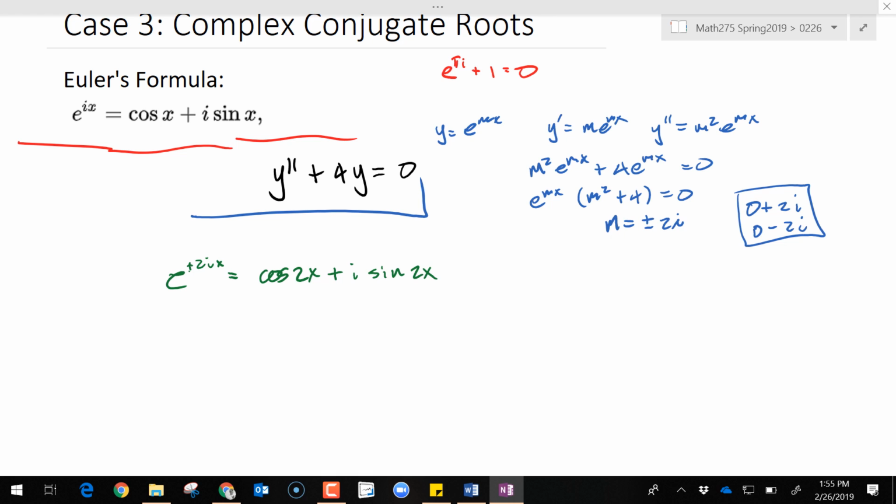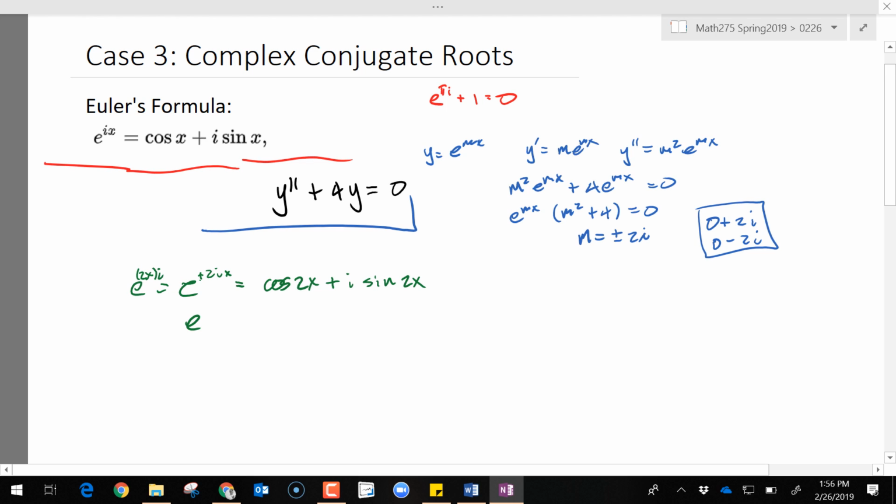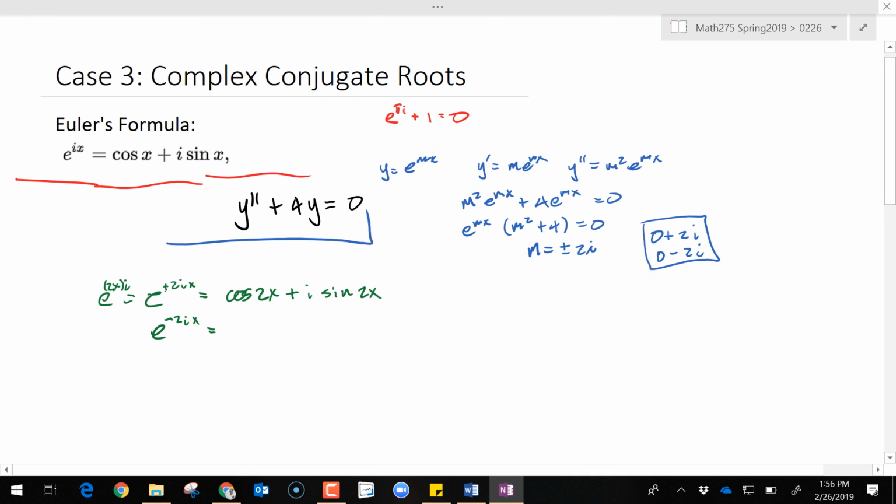Actually, it might be better if we write this as e to the 2x times i, and then it would match Euler's formula a little bit better. And then the other solution, e to the minus 2i times x is equal to cosine 2x minus i sine 2x.